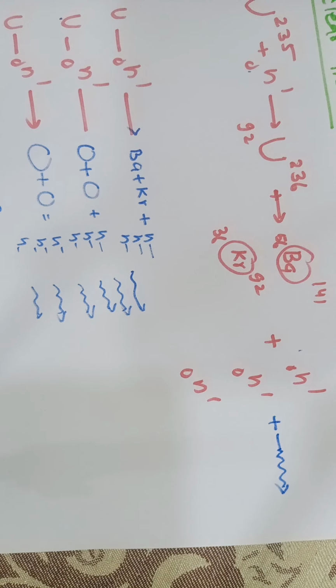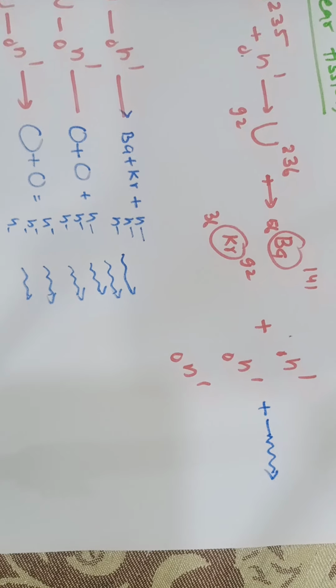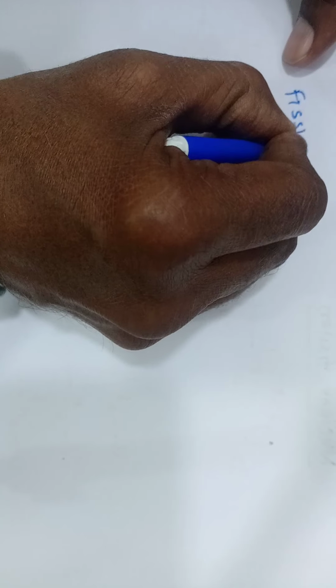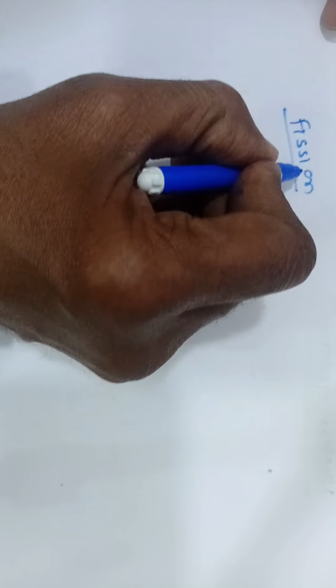This is one process. The place where we can control the fission reaction is called a nuclear reactor.